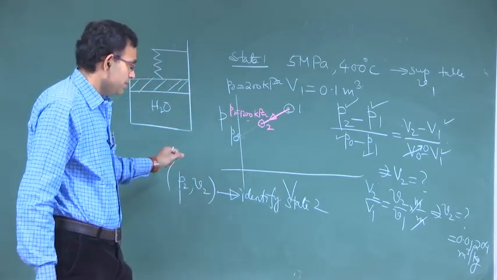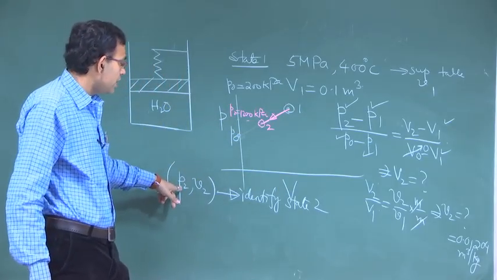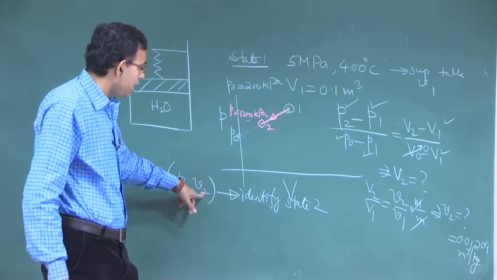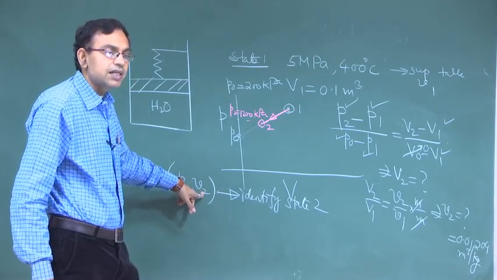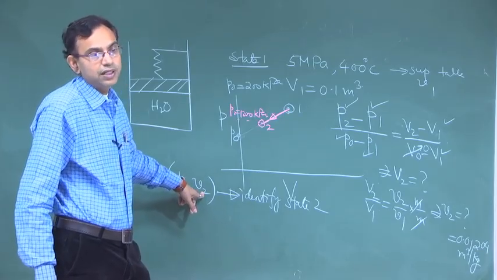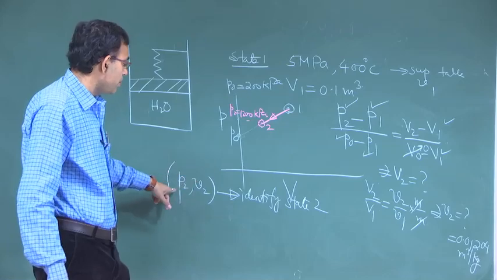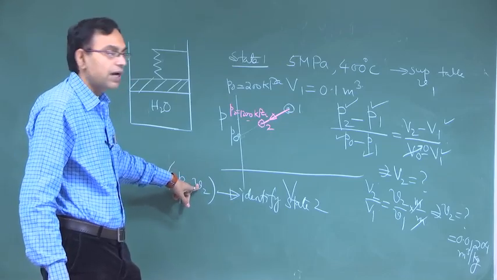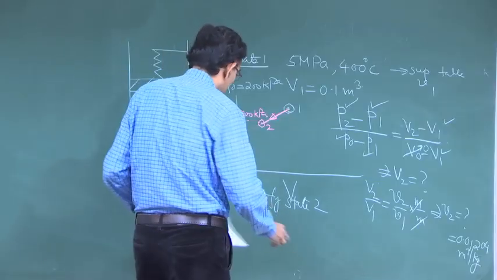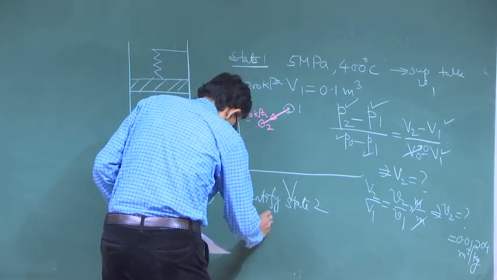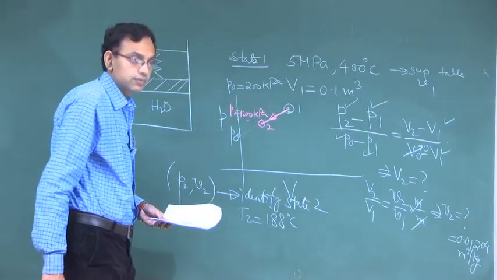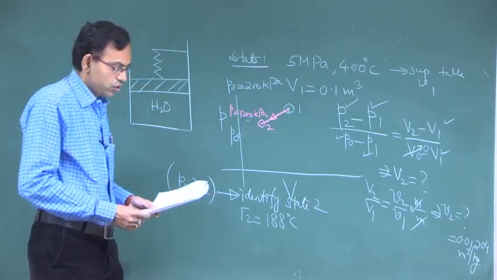How do you identify? See, at 1200 kilopascal you see what is Vf and Vg. If this V is between Vf and Vg, it is in the 2 phase region. If this V is greater than Vg, then it is in the superheated region. Then from the superheated table, with this combination you have to find the temperature, and that is one of the questions. So, T2 is 188 degrees centigrade.